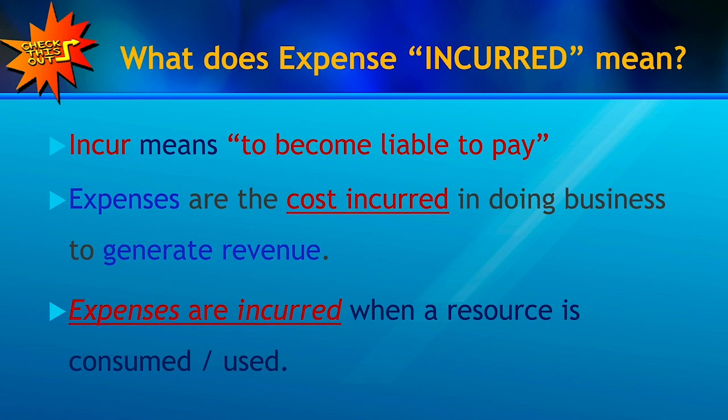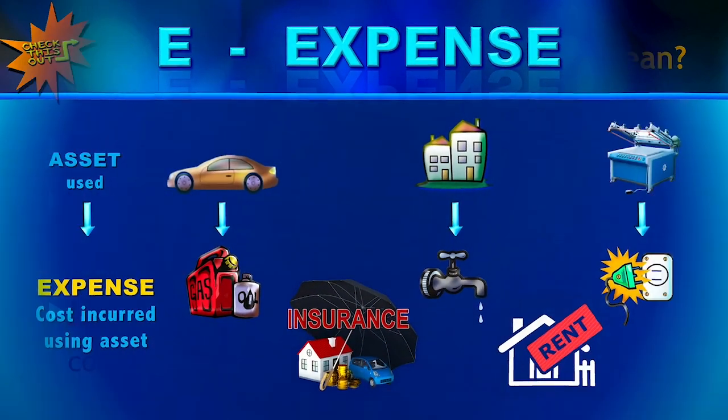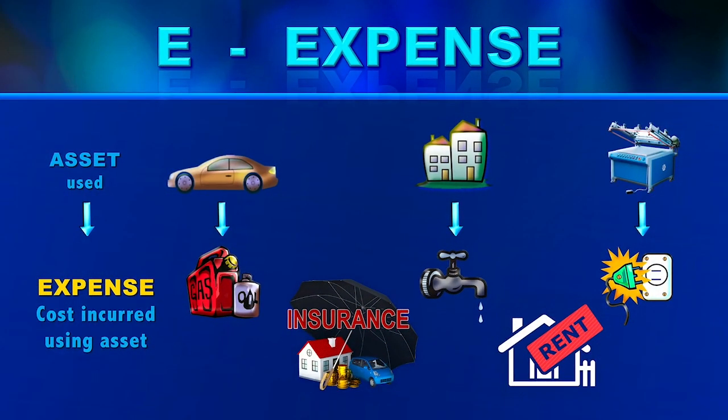Whenever you use your asset, like for example your car, you would incur a gas bill. Whenever you use your buildings, your classrooms, any room, you would incur an electricity bill. Whenever you use your computers, whatever asset you use that needs electricity, you are incurring an electricity expense.